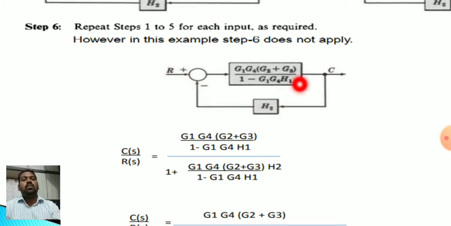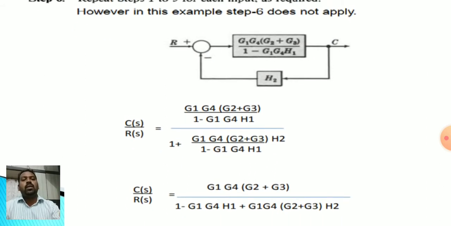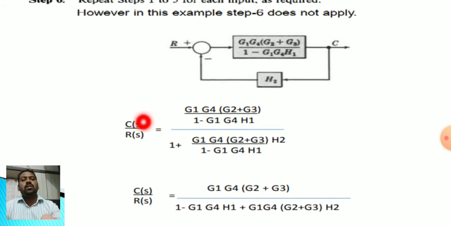How to get the overall transfer function? Here output is C of S, input is R of S, and this is G1 G4 into G2 plus G3 whole divided by 1 minus G1 G4 into H1, whole divided by 1 plus G of S into H of S. Why is it 1 plus? Here the feedback is negative. G of S is once again the same thing written in the numerator, G1 G4 into G2 plus G3 divided by 1 minus G1 G4 H1, and H of S is H2.